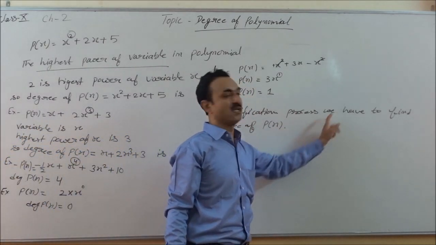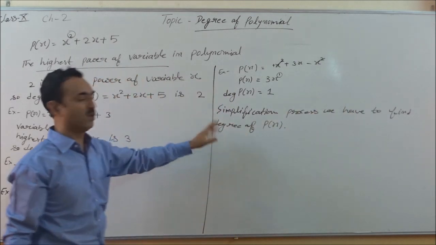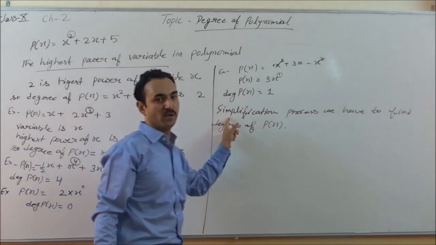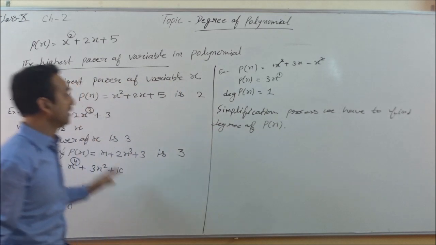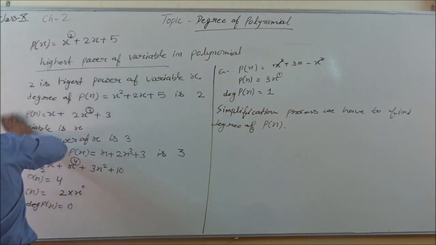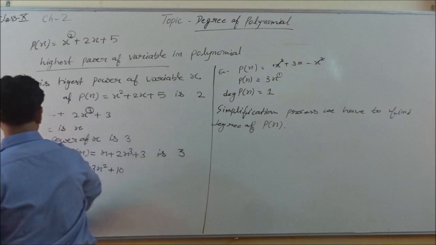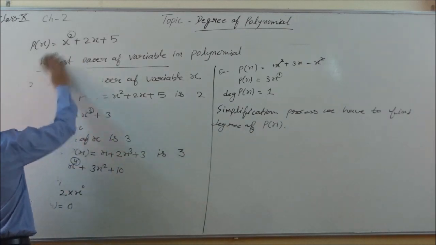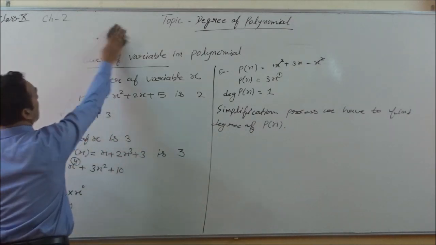After simplification, you have to find the degree. This is very important, so you have to understand this topic well. Now we will go forward to the next topic, which is the types of polynomials.